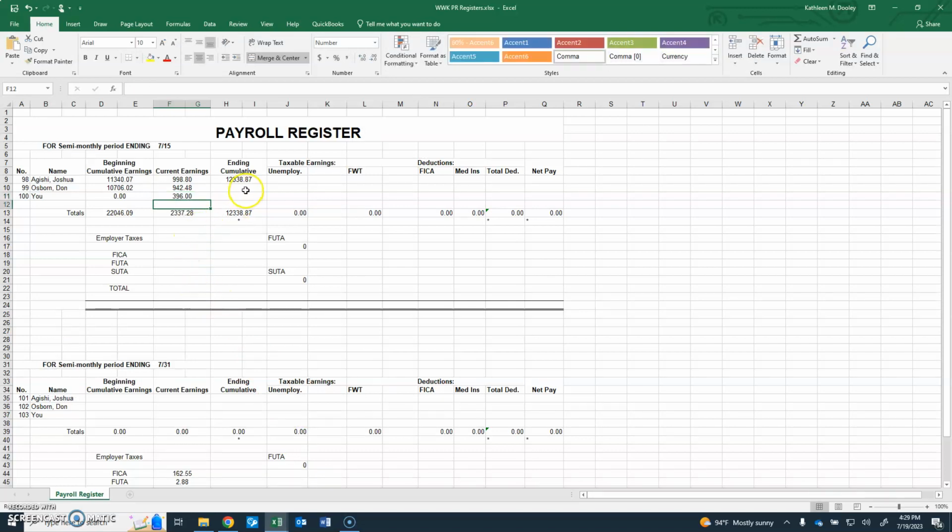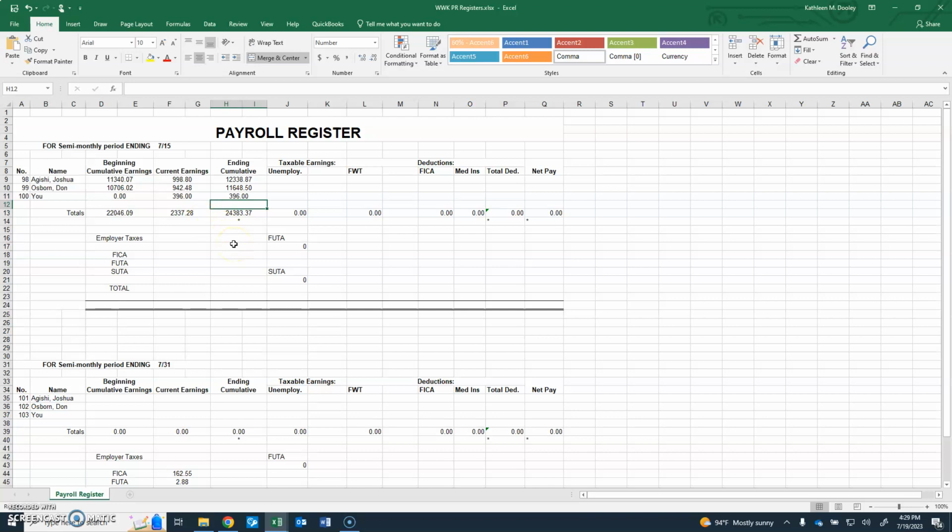Okay. Now, again, I'm going to add the beginning plus the current earnings, and so I get $11,648.50 for Don. And of course, you just got hired, so you didn't have any beginning cumulative wages, so 0 plus 396 is 396.